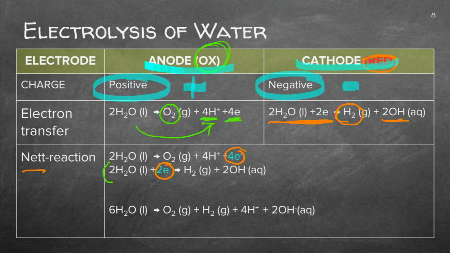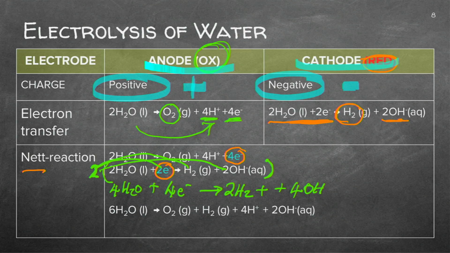I'm going to take a reaction like that and multiply it by 2, so that I've got 4H2O plus 2 times 2 is 4 electrons. 2 times 1 is 2H2 plus 2 times 2, 4 hydroxide.